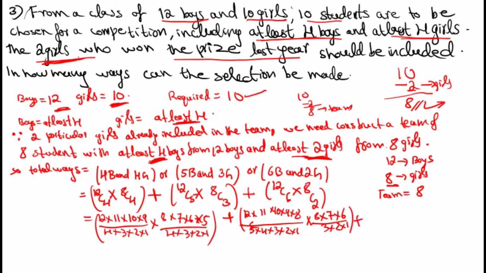Okay, plus last one is 12C6, that is 12 into 11 into 10 into 9 into 8 into 7, divided by 6 factorial, which is 6 into 5 into 4 into 3 into 2 into 1, into 8C2, that is 8 into 7 divided by 2 into 1.